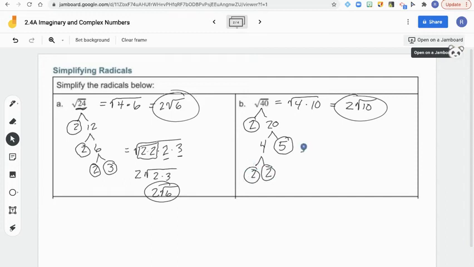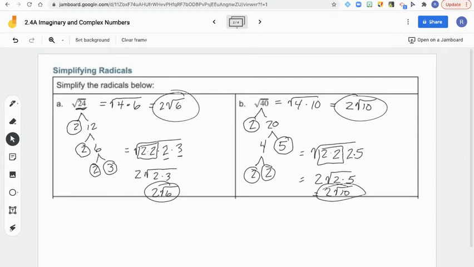And so what that means is that I could rewrite that square root as 2 times 2 times 2 times 5, and I look for any of those pairs, anything that has a pair will come to the outside. There will be a couple left inside, and then when I put those back together, I'll get 2 times the square root of 10. So this is how we simplify those radicals.